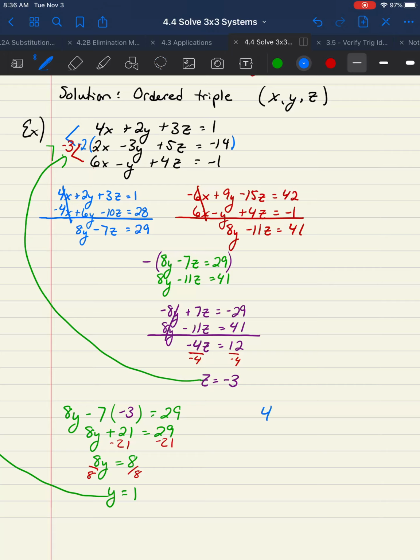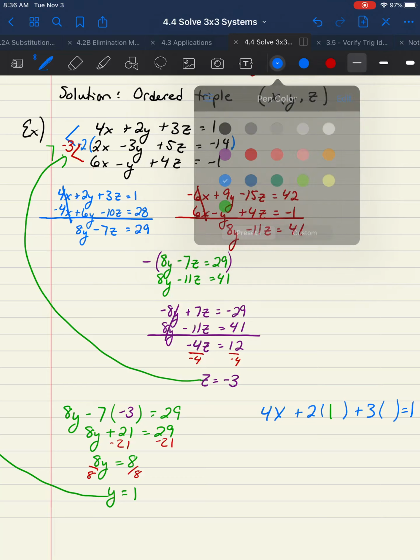I'm going to go back up to one of the top equations, and I'll just take the very top one. It says 4x plus 2y plus 3z equals 1.